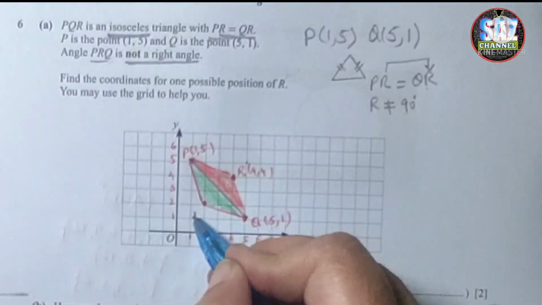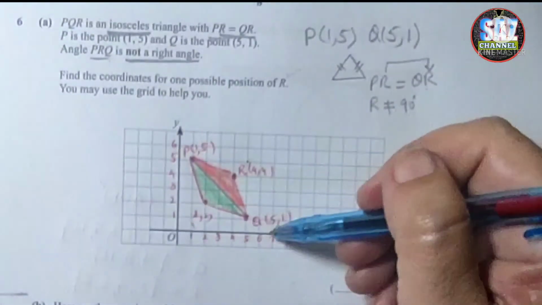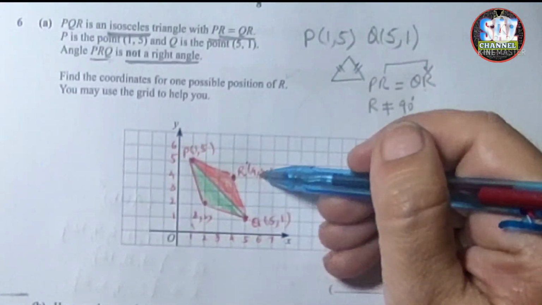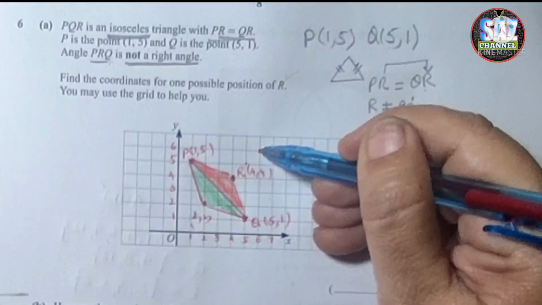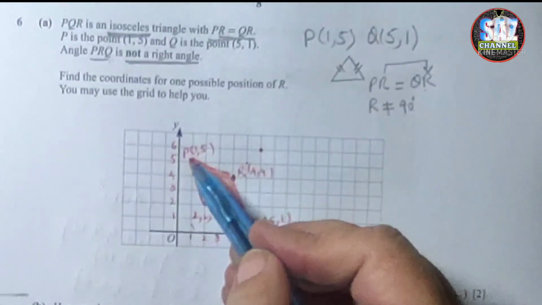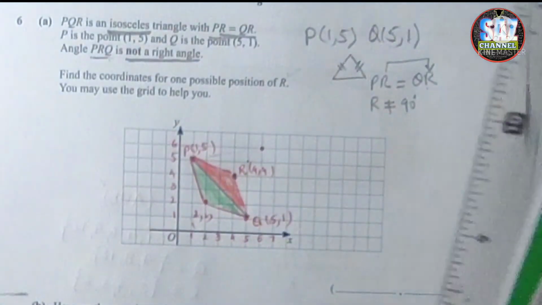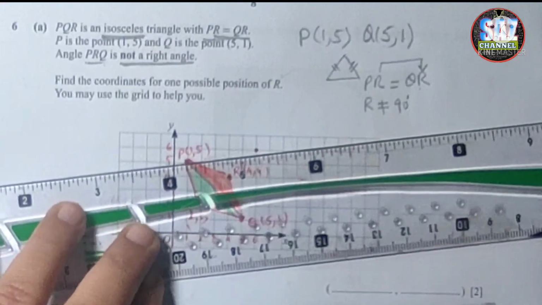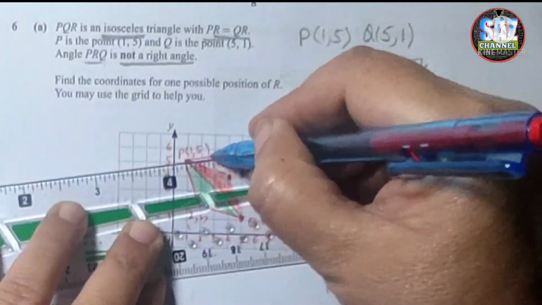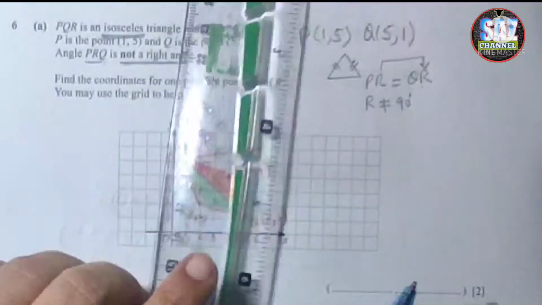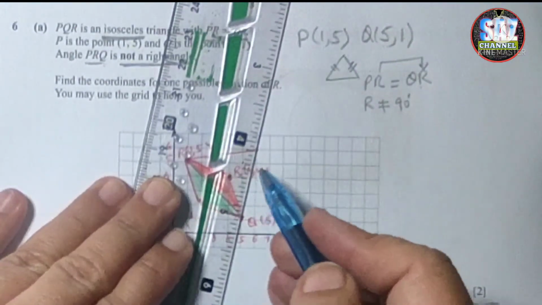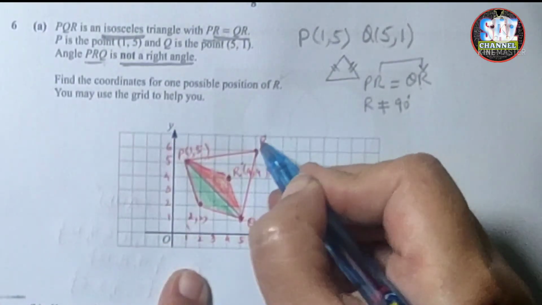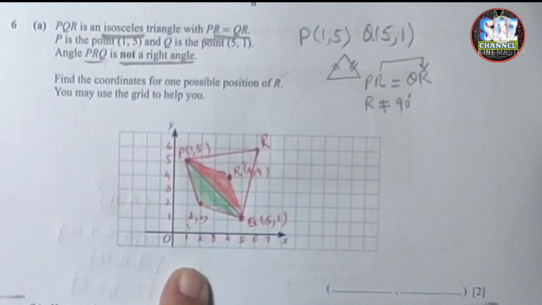Okay, and then what else we can say, another possibility, like if I'm moving over here (6, 6) and I'm joining this point, let this be the position of R, or this can also be the position of R. Okay, so these are three possibilities that I have discussed with you.